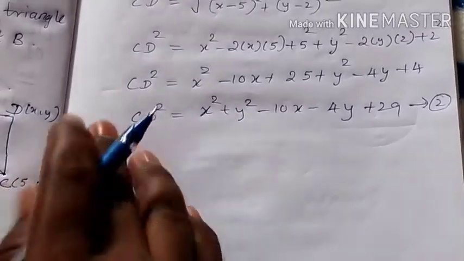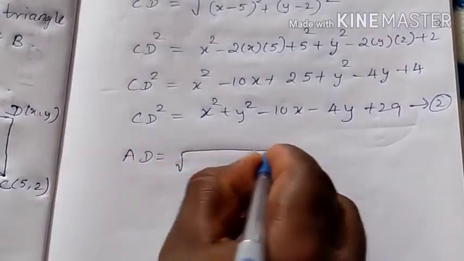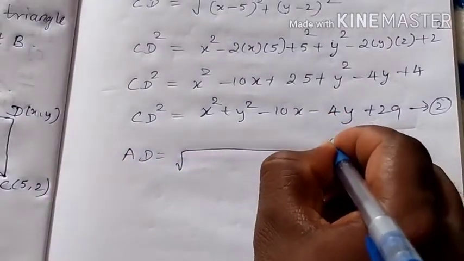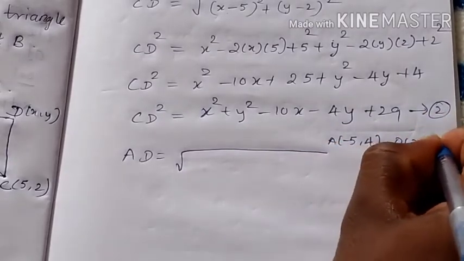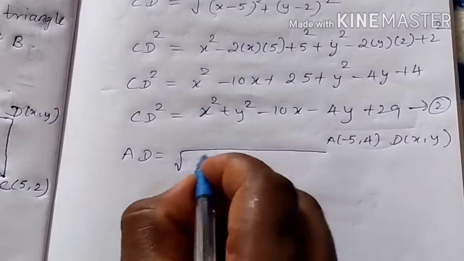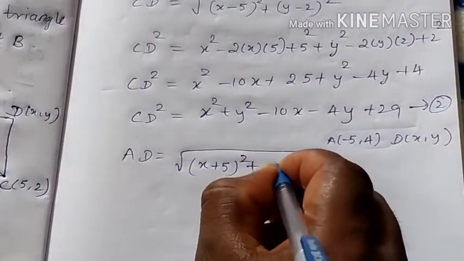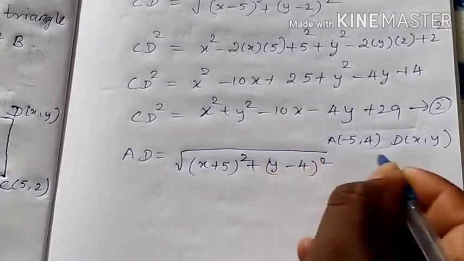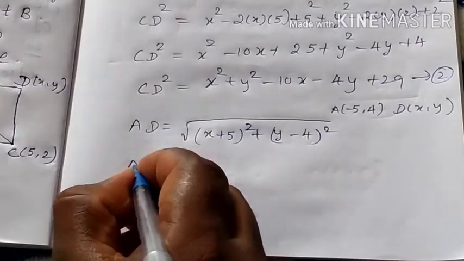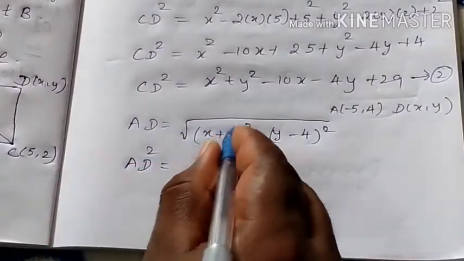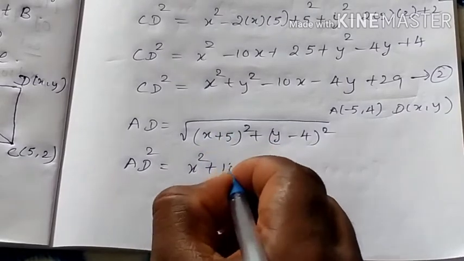Then find the side of AD. AD is equal to the square root of, A point is minus 5 comma 4 and D is x comma y. AD value is x2 minus x1 the whole square plus y2 minus y1 the whole square. Squaring on both sides, we get AD square equal to a plus b whole square, a square plus 2ab is 10x.